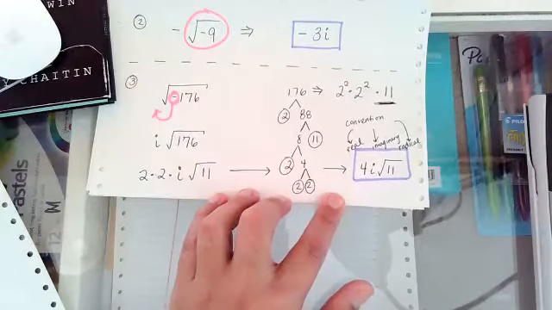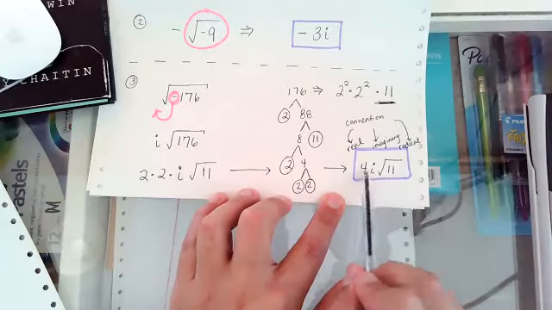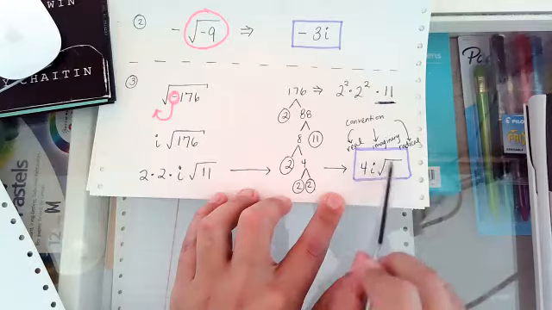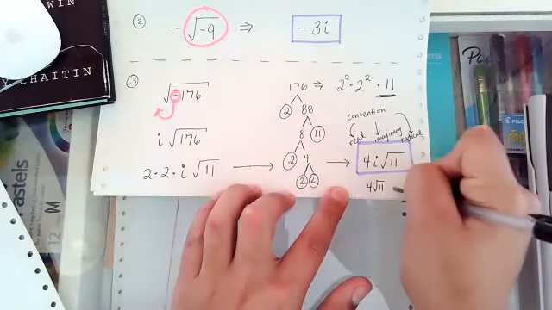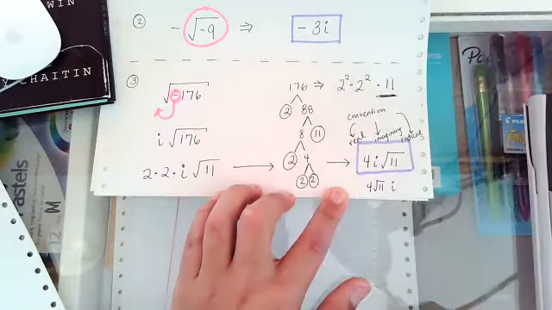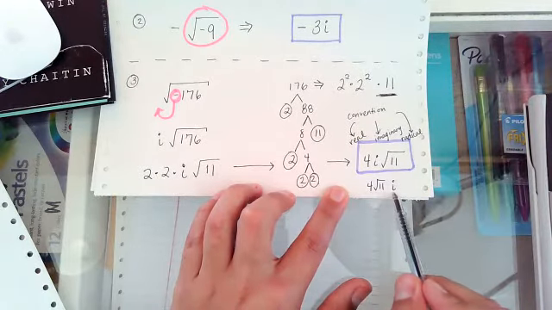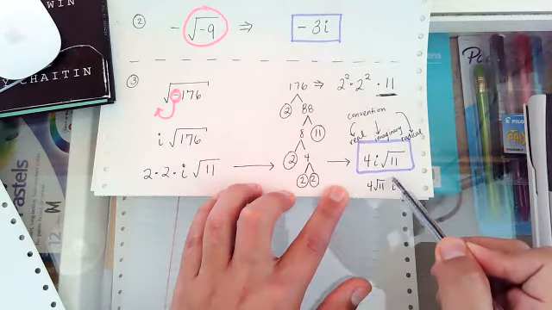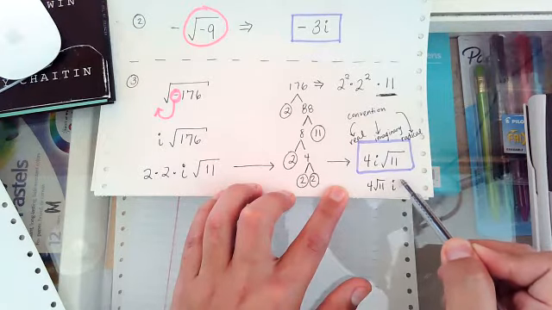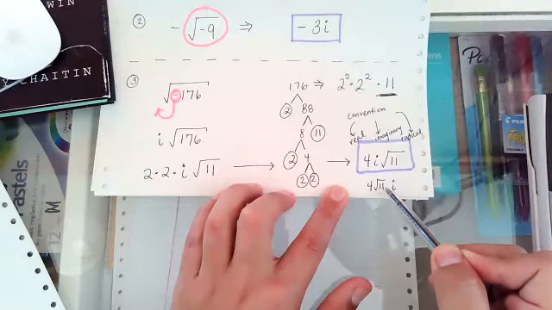Now, I think it was Kelly that was saying that she got 4 root 11 times I, sort of like this, 4 root 11 I. And this is correct, but what I'll say about writing it this way is that when you're typing this into MyLabs Plus, sometimes students make the mistake of extending the radical, so that the I is inside the radical.